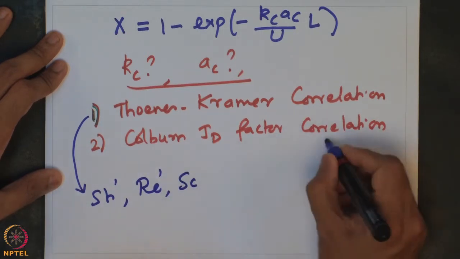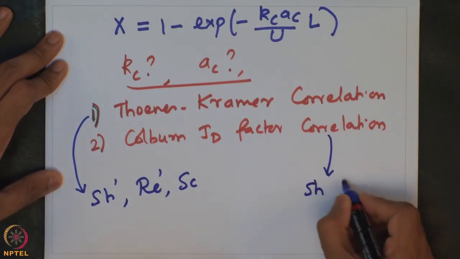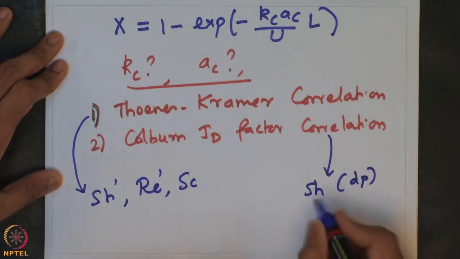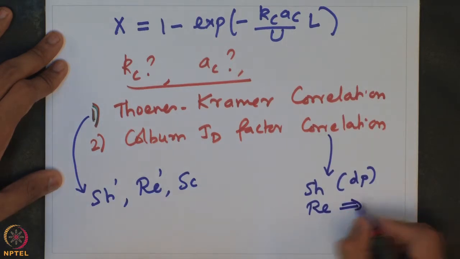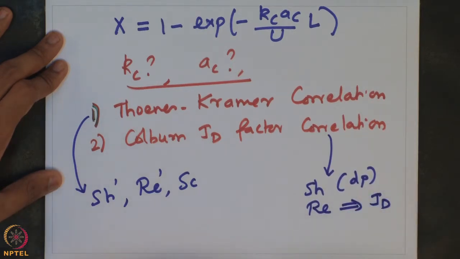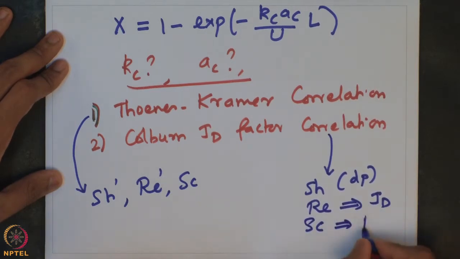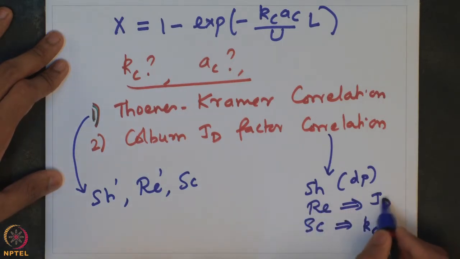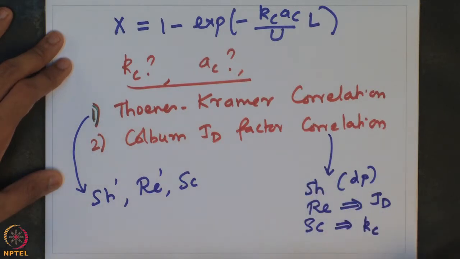But suppose we use the Colburn JD factor, then we need to find out what is the Sherwood number based on the corresponding definition of dP, the particle diameter, and we need to find out the Reynolds number, which essentially is used to find the Colburn factor JD. Then we need the Sherwood number to calculate the mass transport coefficient based on these four quantities: Reynolds number, JD, Schmidt number and Sherwood number, which essentially contains the mass transport coefficient.